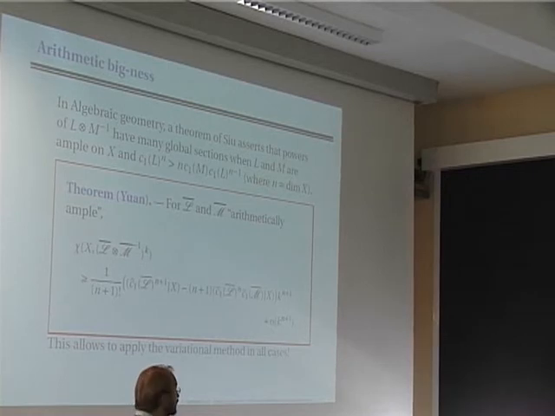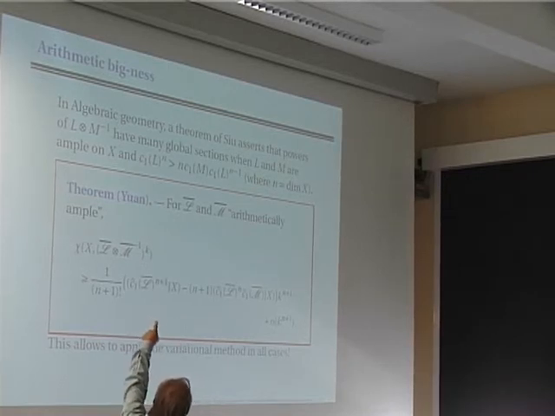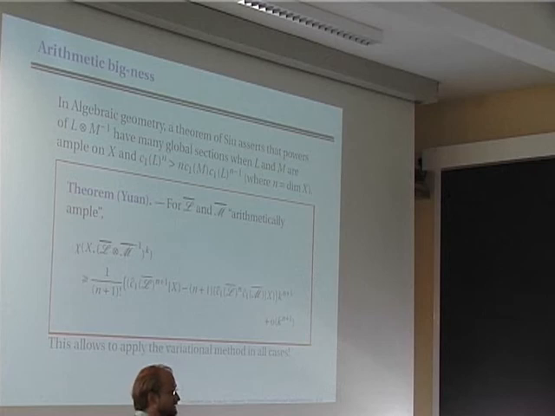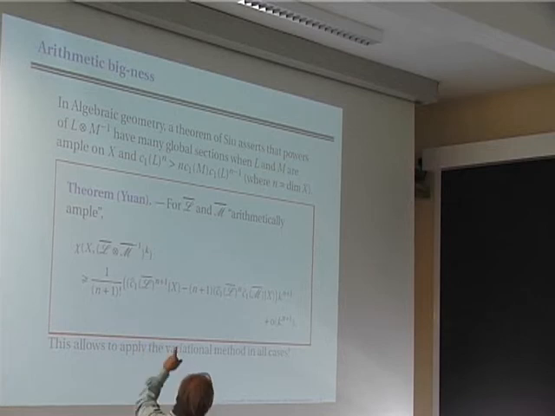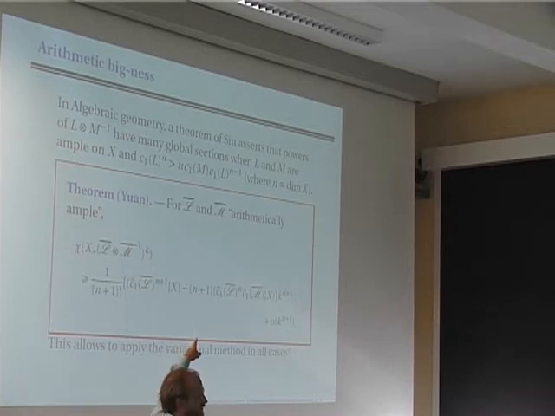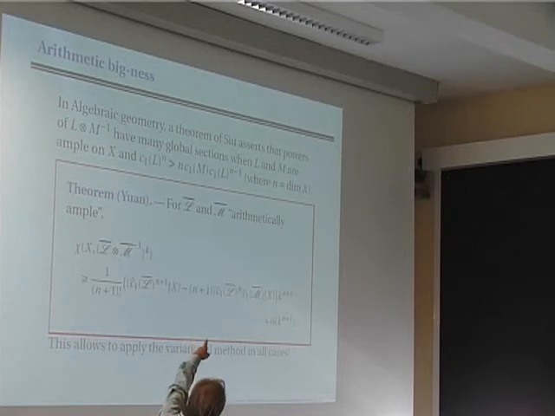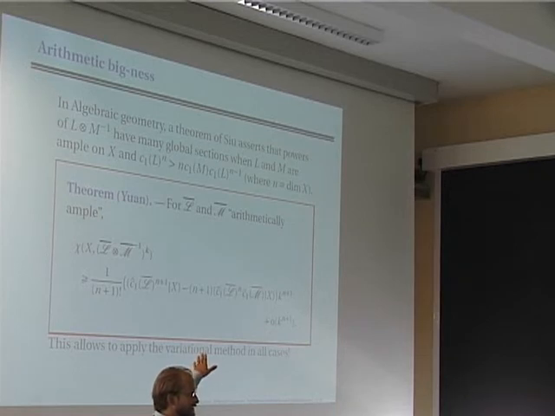And Hsu proved that if you take two ample line models, L and M, and you look at the difference of them, then the powers of this line bundle will have many global sections when M is not too big. I mean, the degree of C1 L to the power n, the maximum power, has to be greater than n times C1 M times C1 L to the power n minus 1. So it means that for small M, a difference of an ample line bundle and another one will still have many global sections, at least if I take powers.